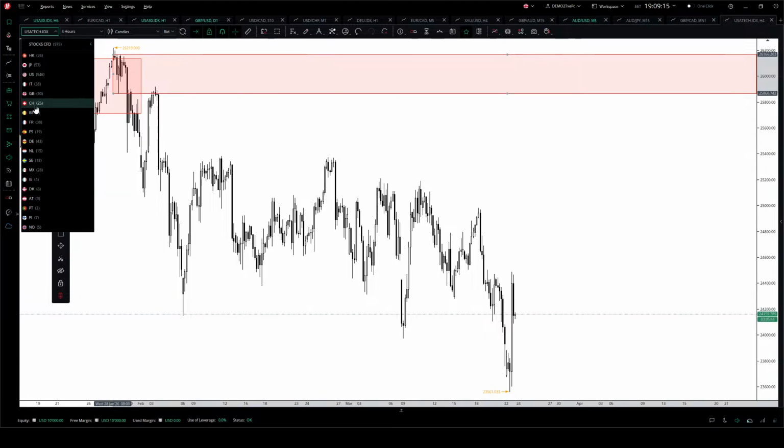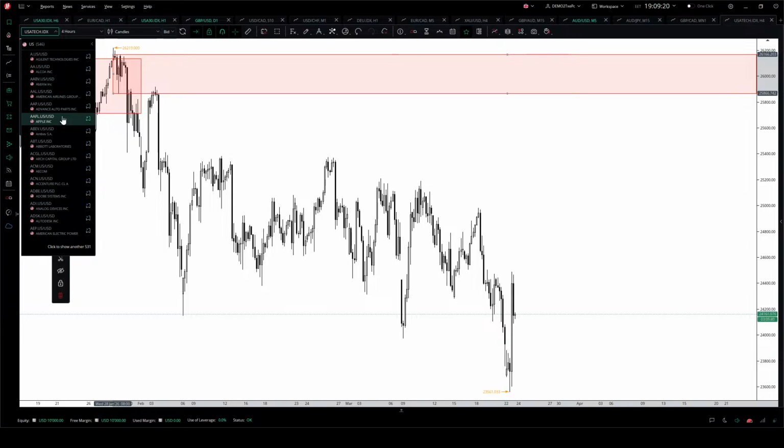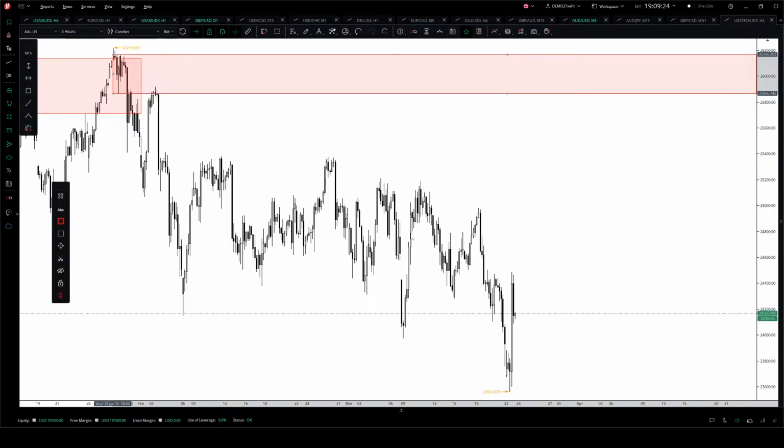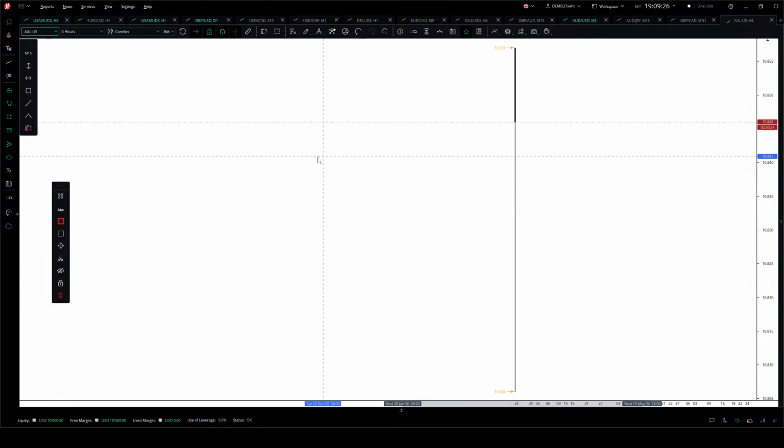Let's look at some stocks, some US stocks. American Airlines. What's the situation? War is going on in Western Asia where US is burning a lot of money from their defense budget.